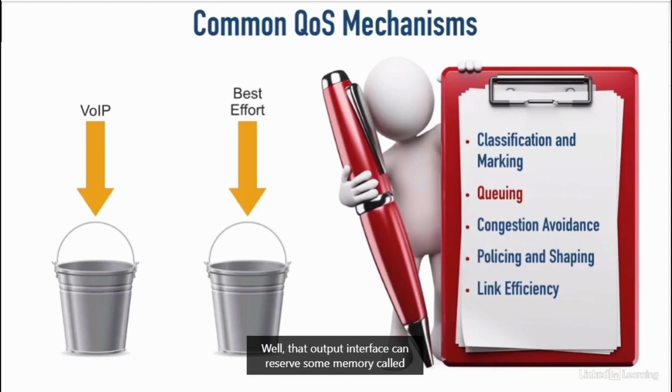That output interface can reserve some memory called a buffer or a queue, and it can store those packets that we just don't have bandwidth to send at the moment. It can store those packets temporarily in that queue. And then when bandwidth becomes available, we can take the packets out of the queue and send them on their way. Now, if we just did this on a first come, first served basis, that would be the not strict, best effort flavor of QoS.